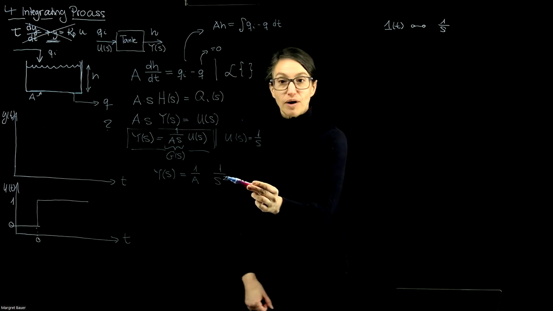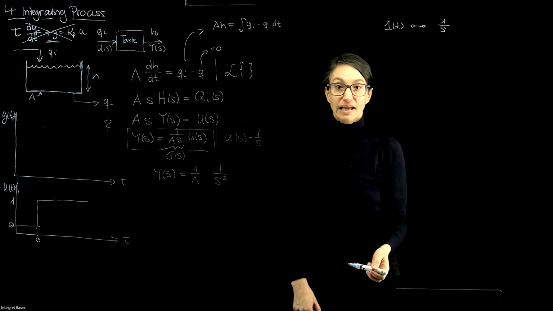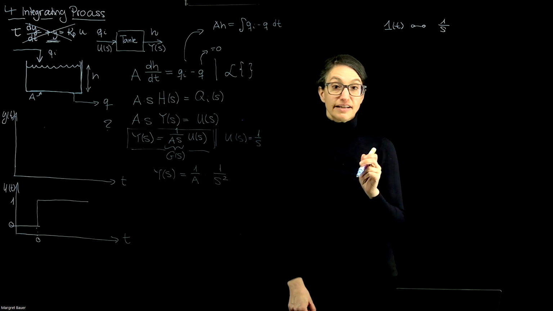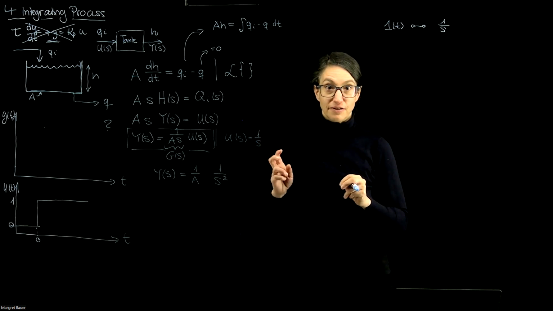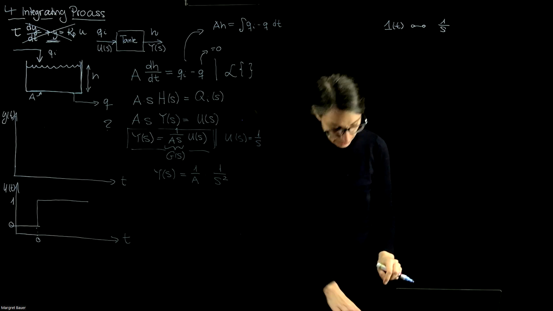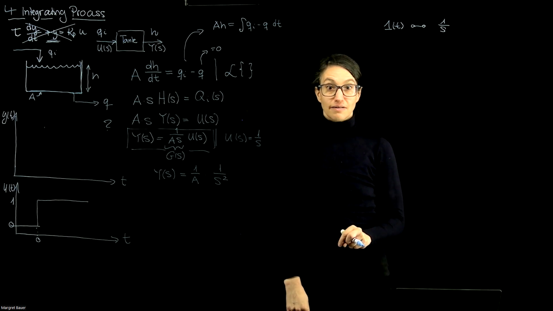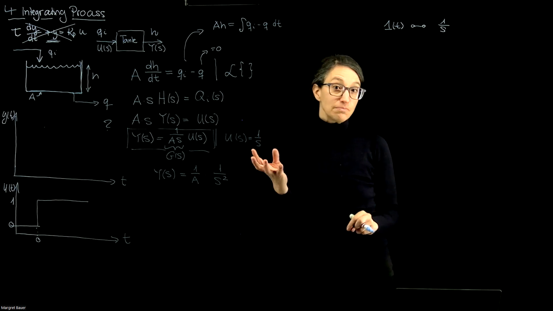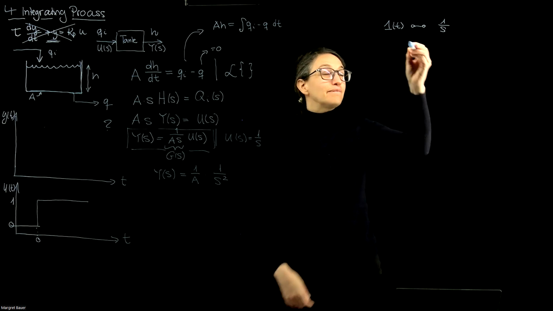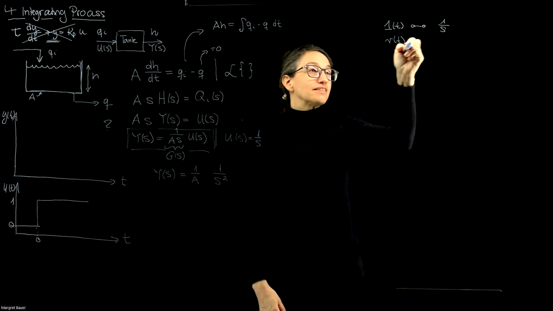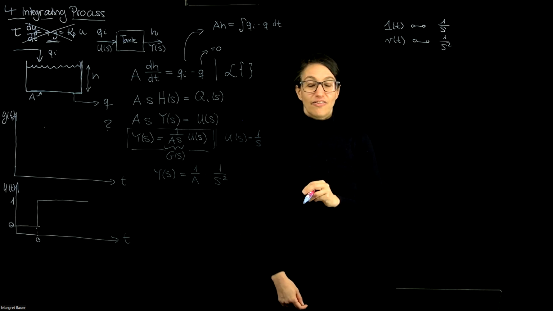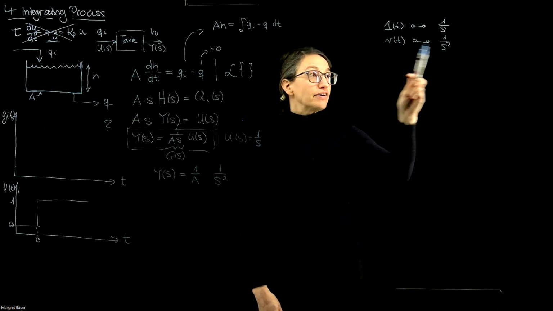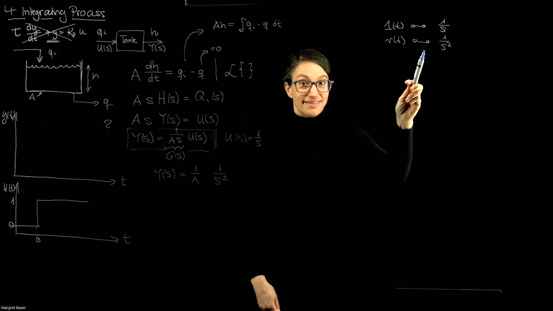Okay, so now we have the square function of s. And for that, I gave you the lookup table in the first video. We had a function that I said sometimes it's an input, sometimes it's an output. It was the ramp function. The Laplace transform of a ramp function is 1 divided by s squared.